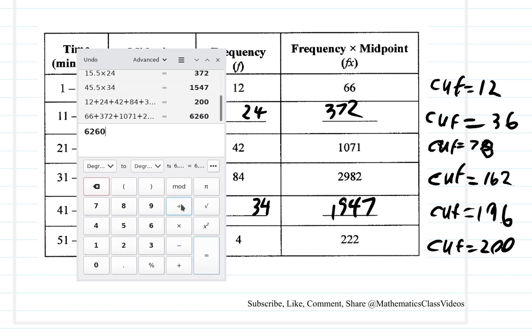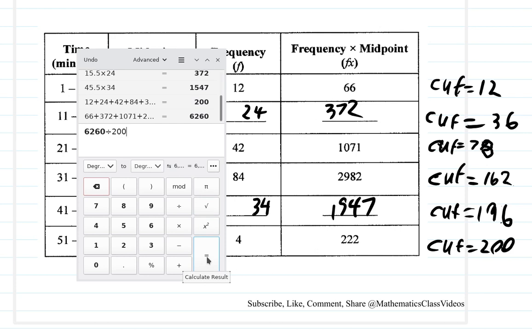Alright. Then divided by the number of students, 200.